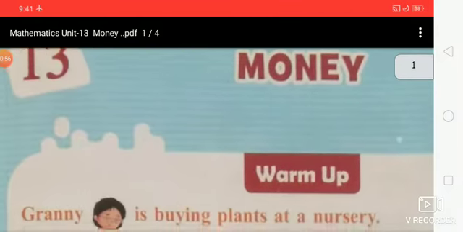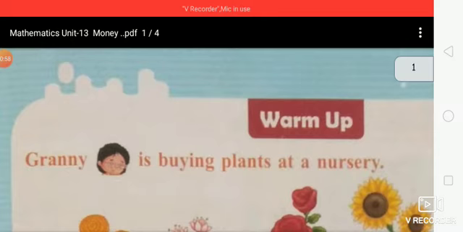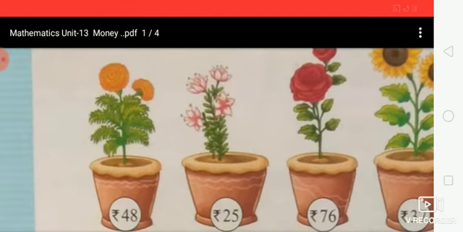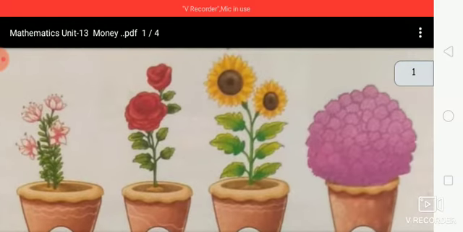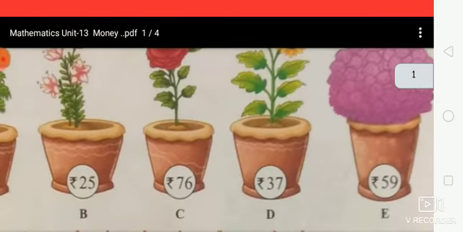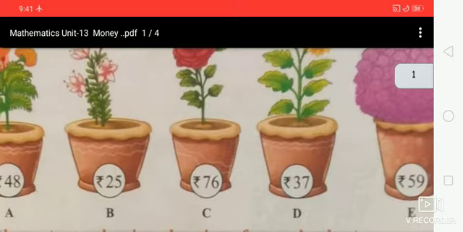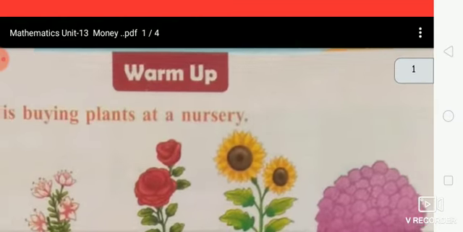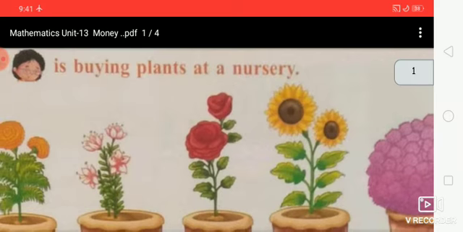Okay students, so first one: Granny is buying plants at the nursery. Look here: marigold, jasmine, rose, sunflower and dahlia. Five flower pots is what Granny purchases in the nursery.